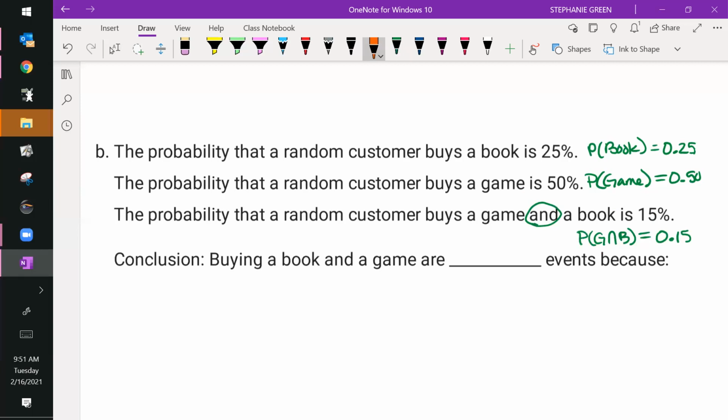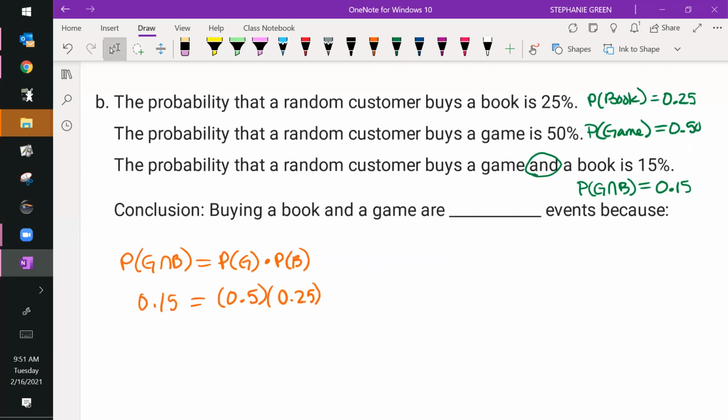Well, again, if they are independent, then the probability of the game intersect the book should be equal to the probability of buying a game times the probability of buying a book. Is that true? Is 0.15 equal to 0.5 times 0.25? What is a fourth of a half?